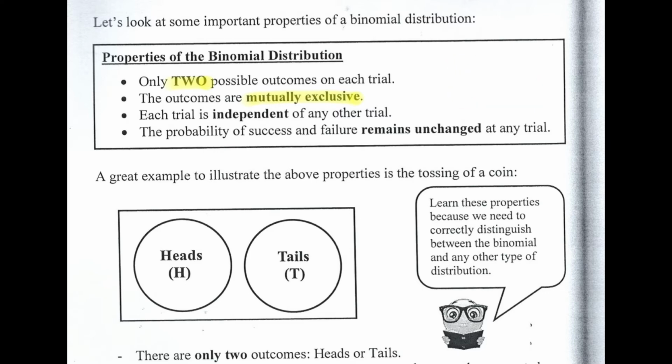All right, and the third property is that each trial is independent of any other trial. Remember what that means: if we're looking at the probability of tossing a heads when we toss a coin, and we're not just going to throw the coin once, we're going to throw it 3 times, 6 times, 100 times. The first time we throw it, we record whether the coin lands on heads or tails.